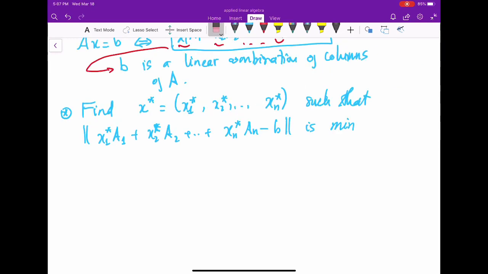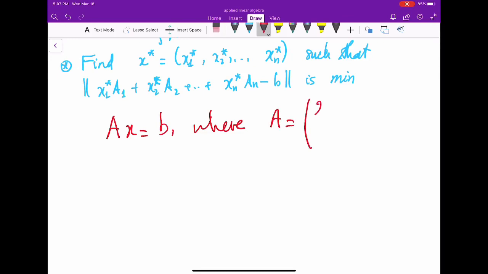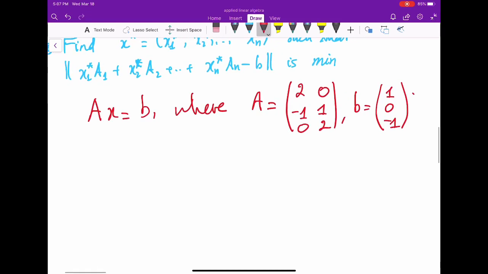All right, let's consider the following example. Let's solve the least squares problem for the following system: Ax equals B, where A is 2, negative 1, 0, 0, 1, and 2, and B is 1, 0, negative 1.